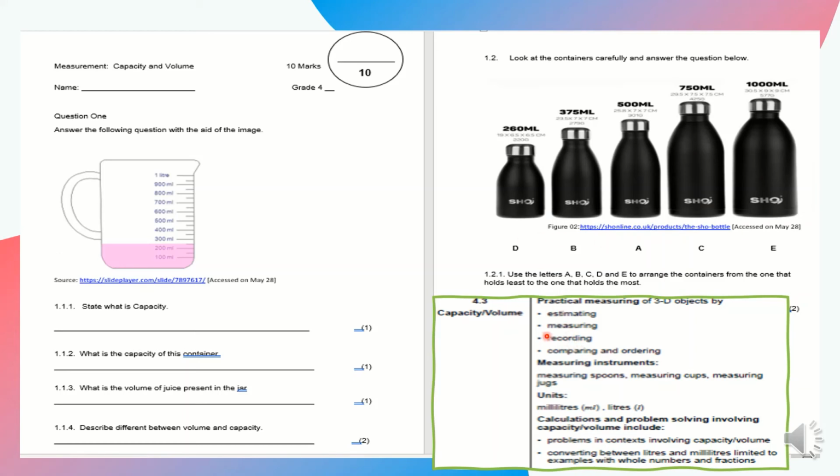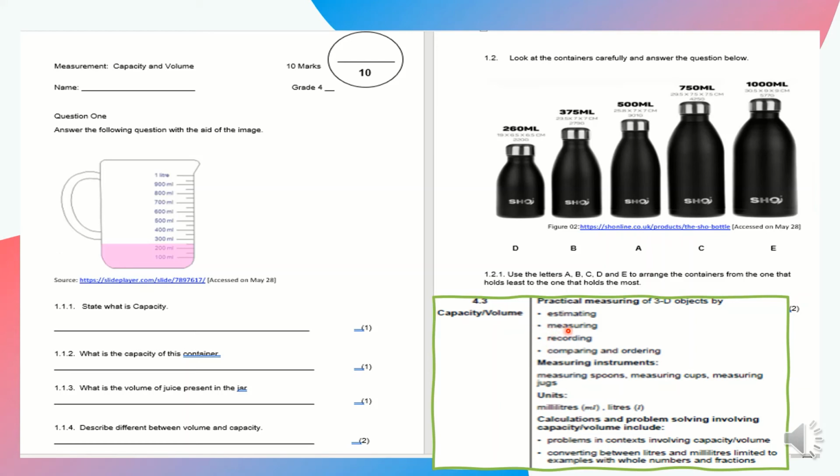Recording: when you ask a child to measure, them looking at it and telling you it's this many milliliters, ma'am, that's measuring. Looking at the jar already has the answers, the numbers of the actual liquid. If they tell you, ma'am, this is the volume of the liquid, that's them measuring. But if they put it down on paper, now it's recording.